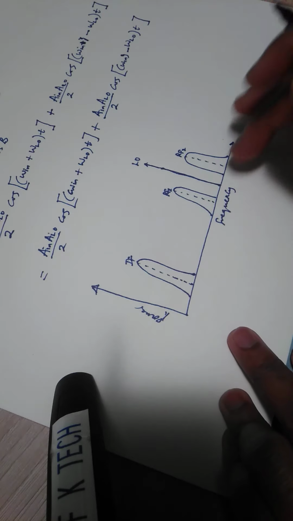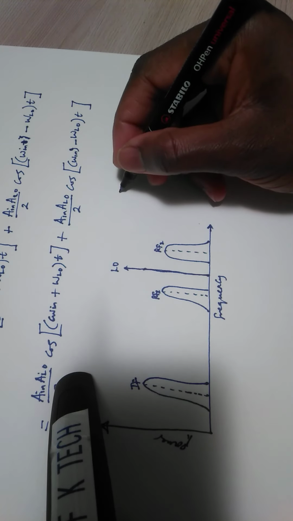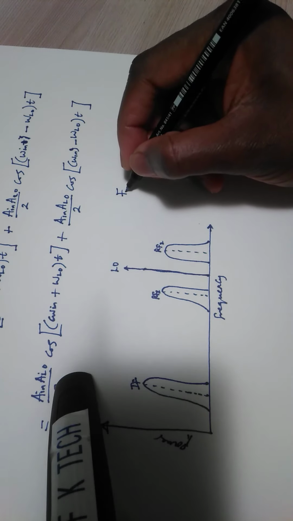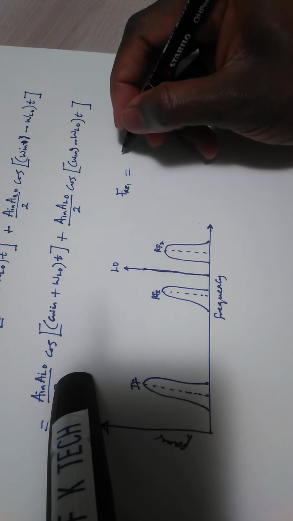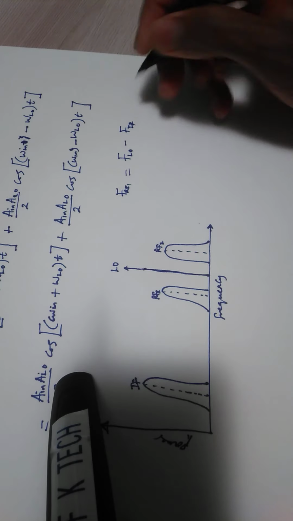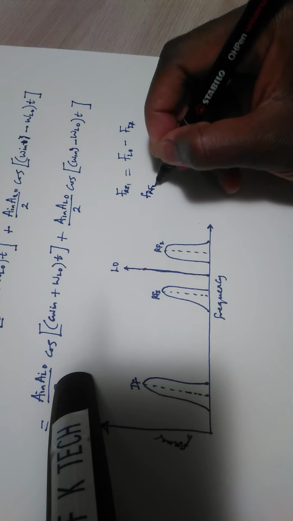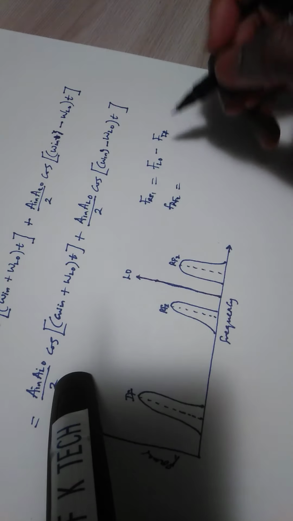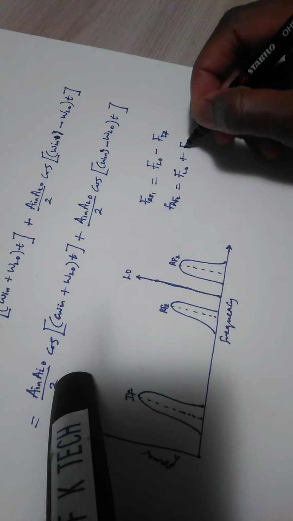Generally, the expression in picture form would be: the output, which is one frequency, let's say RF1, will equal F_LO minus F_IF. The second thing you are going to have is F_RF2 will equal F_LO plus F_IF. And those are the things we already have here.